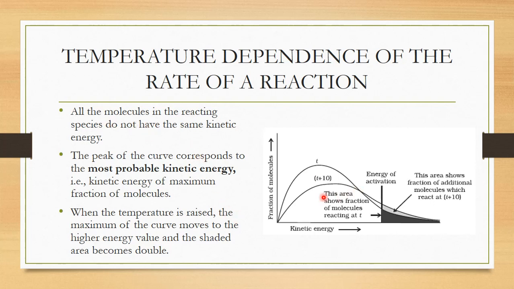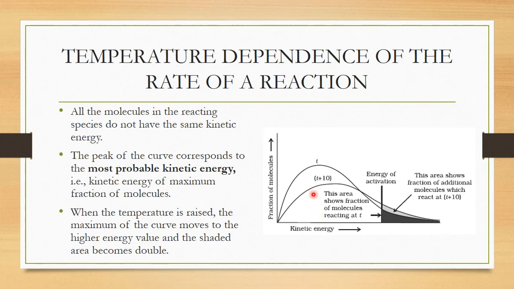If we check a particular reaction, we will find that all the molecules of the reacting species do not have the same kinetic energy. If we plot a graph taking the fraction of molecules on the y-axis and kinetic energy on the x-axis, the graph comes to be of this type. This is the peak of the curve. It corresponds to the most probable kinetic energy, meaning the kinetic energy possessed by the maximum fraction of the molecules.